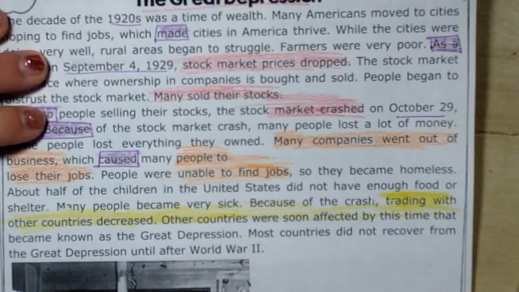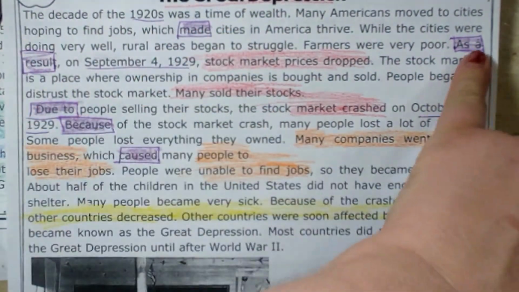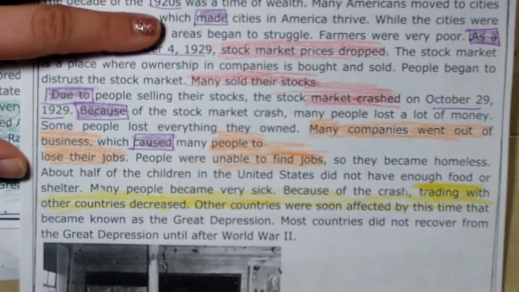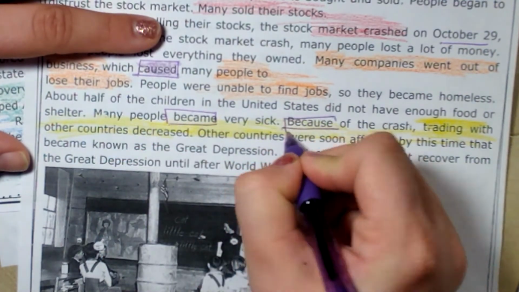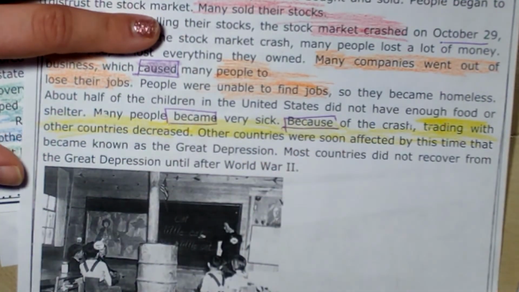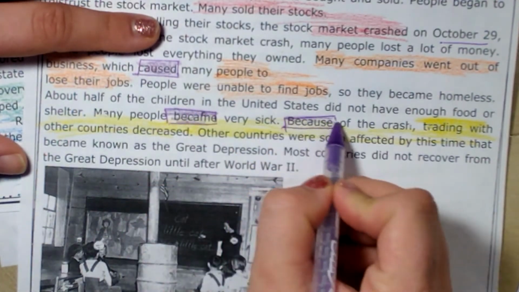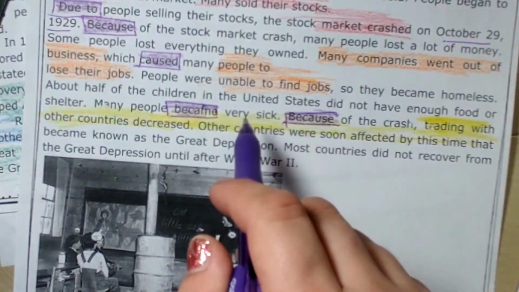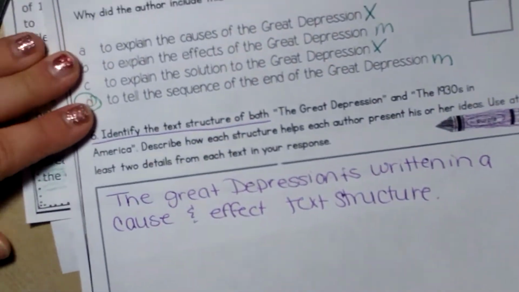I highlighted or colored keywords such as made, result, as a result, due to, because, caused, became, because of. You can write that in your reasons. How do I know it's written in cause and effect text structure? Because it uses these keywords and it's telling us the causes of the Great Depression and the effects.